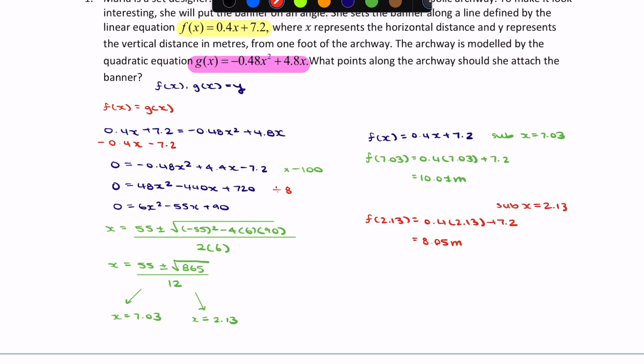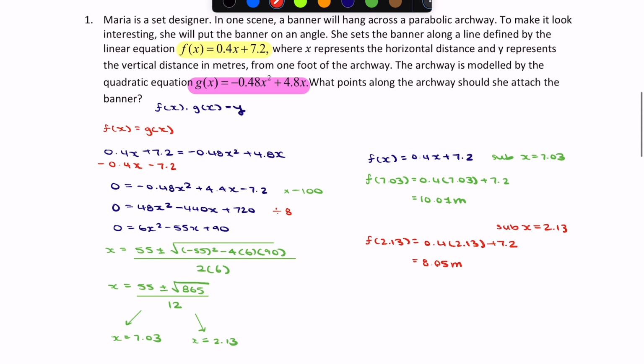And so it says, at what points along the archway should she attach the banner? Therefore Maria should attach the banner at 7.03 and 10.01, and 2.13 and 8.05.